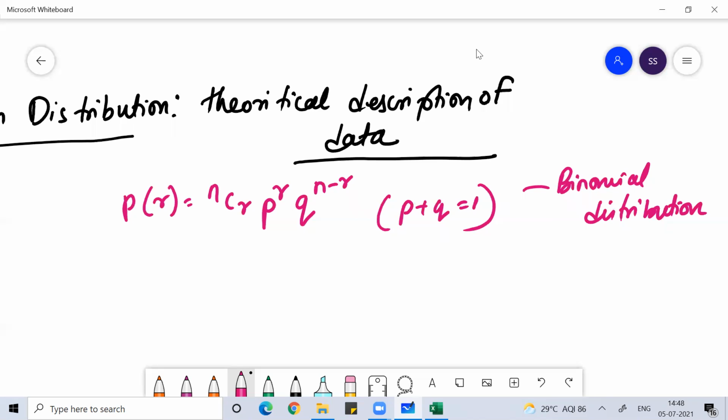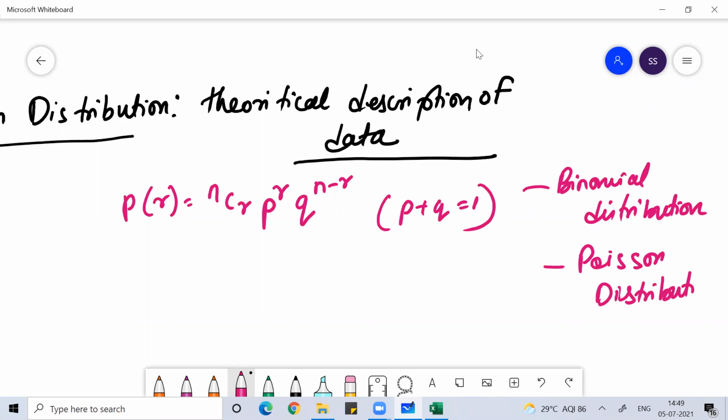In such a scenario, when the number of trials conducted is very large, the probability of success is very small, the trials are independent and the variables are discrete, the resultant outcome we call a Poisson distribution.